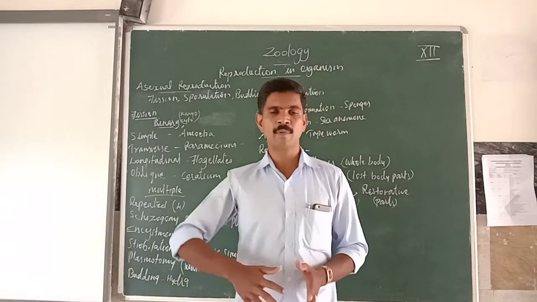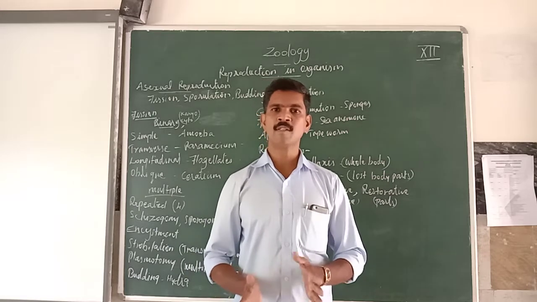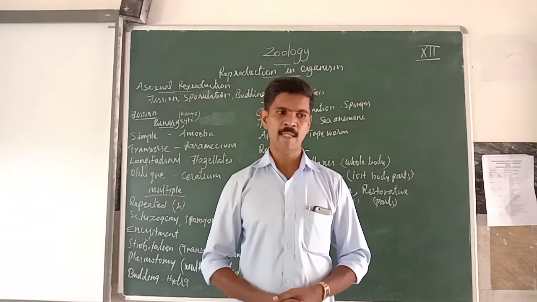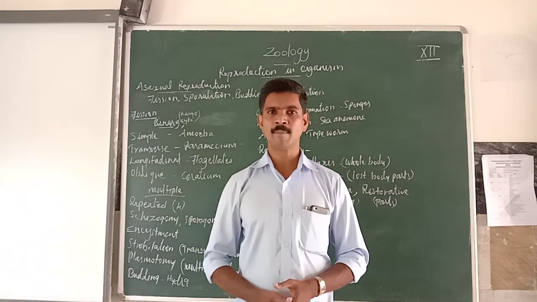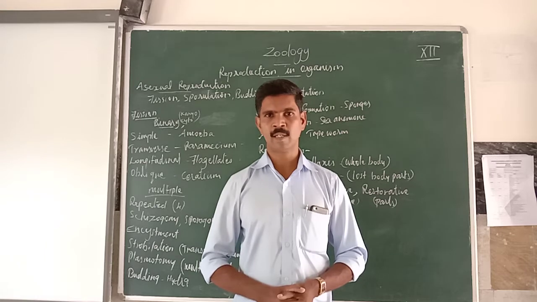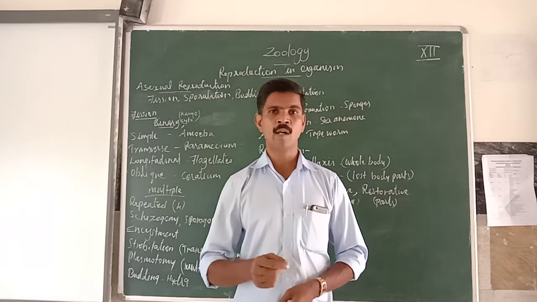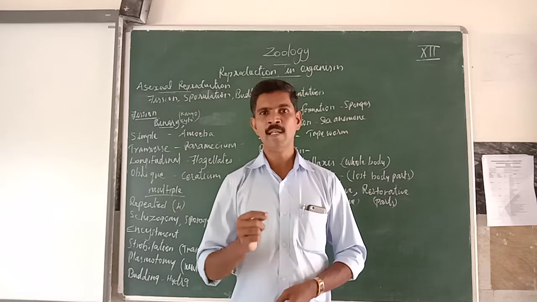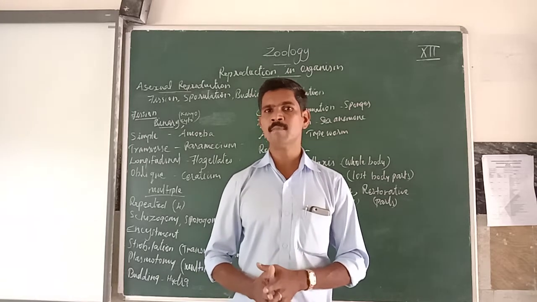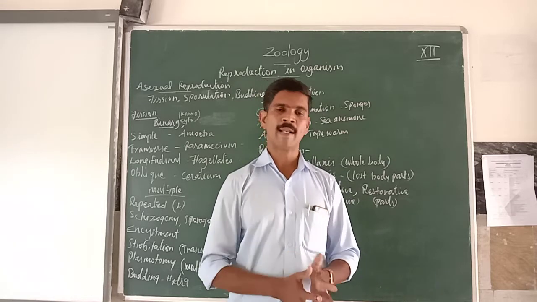Before studying asexual reproduction, you should understand the difference between sexual and asexual reproduction. Asexual reproduction means only one parent is involved. A single parent produces one or many young ones. The new organism produced by the single parent is similar to the parent organism.